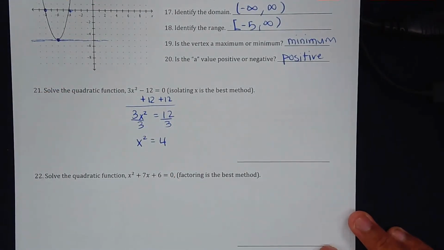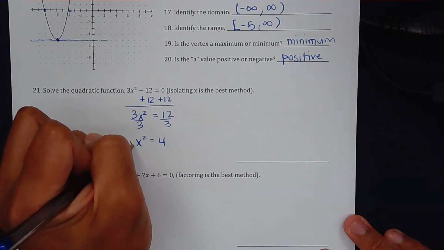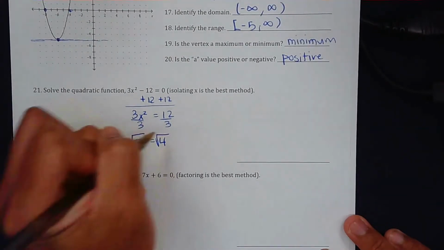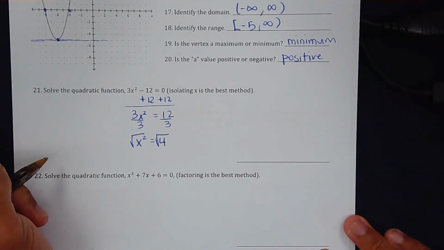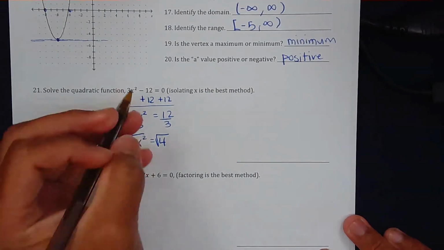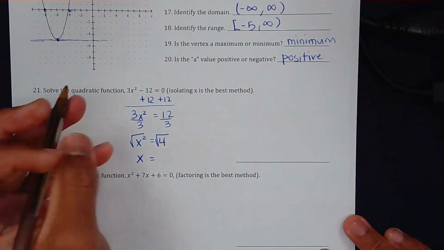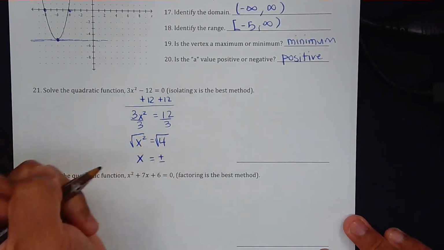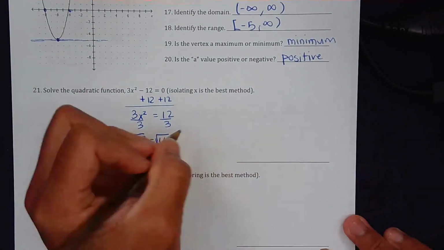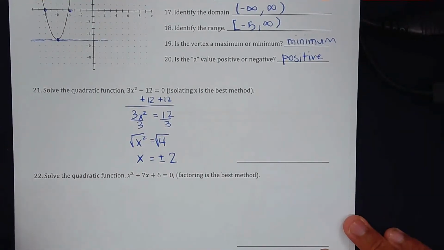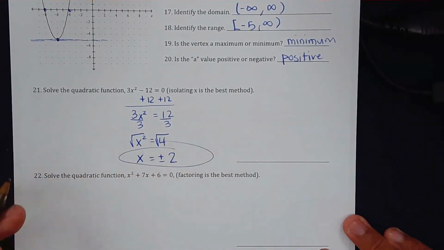And then we go ahead and take the square root, right? We want to get x by itself. Lastly, we want to undo that square. Final answer, on the left-hand side, we have x. On the right-hand side, remember, we take the plus or minus. And then the square root of 4 is just 2. Final answer, x is equal to plus or minus 2.